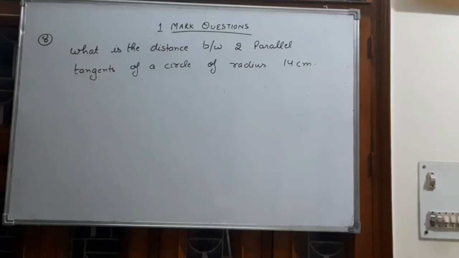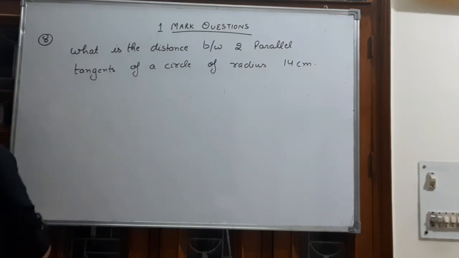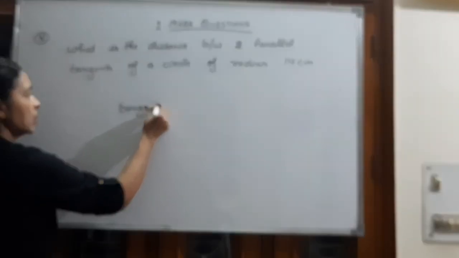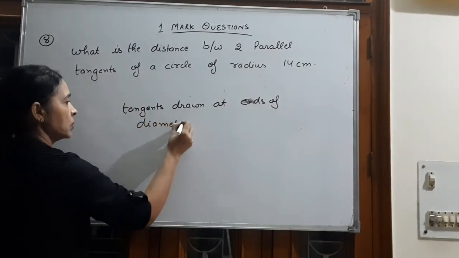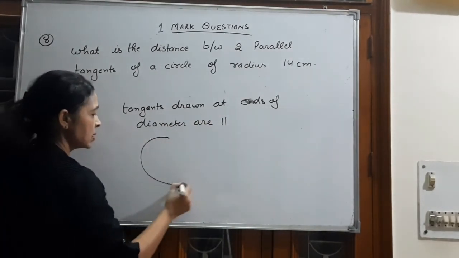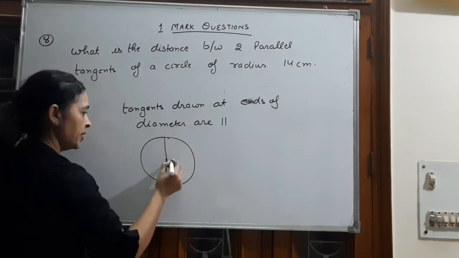What is the distance between two parallel tangents of a circle of radius 14 centimeter? बच्चे, tangents drawn at the ends of a diameter are parallel tangents. Suppose this is our circle and that is our diameter.